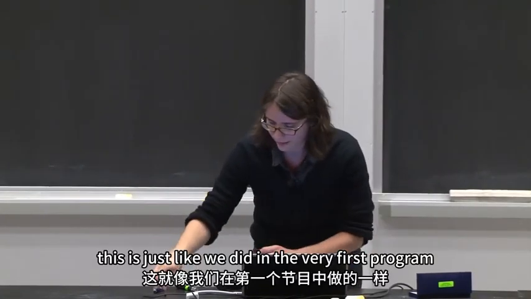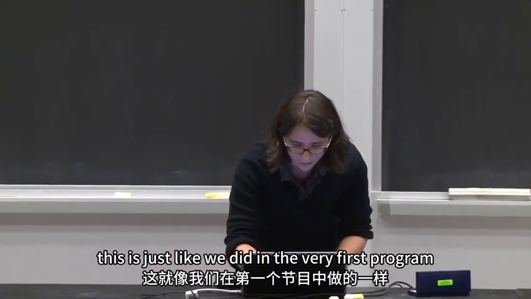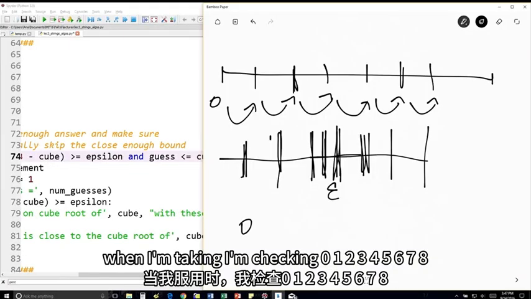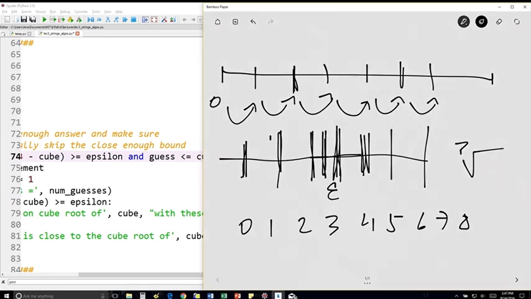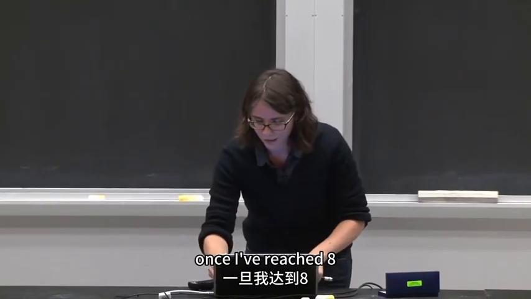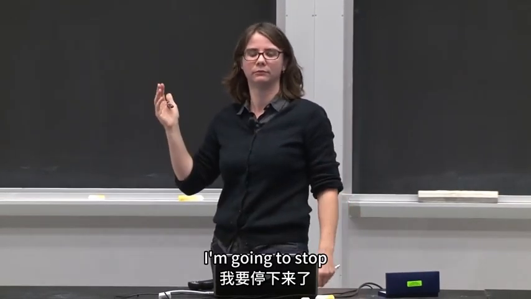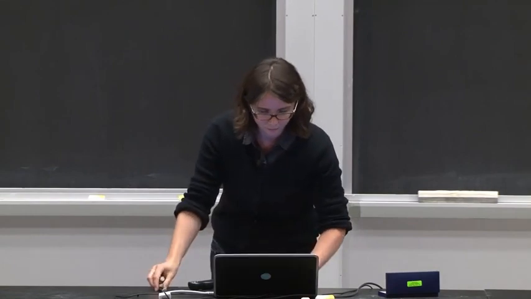Because this is just like we did in the very first program when I'm checking 0, 1, 2, 3, 4, 5, 6, 7, 8, right? When I'm trying to find the cube root of 8. Once I've reached 8, I'm going to stop. And it's the same thing here.